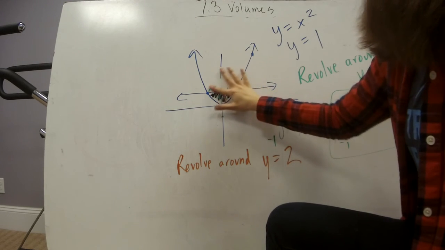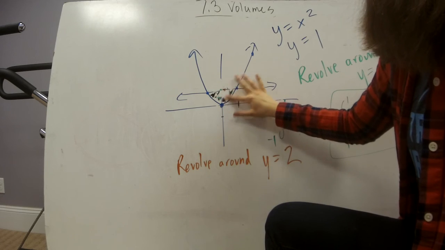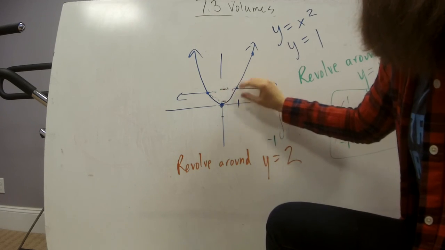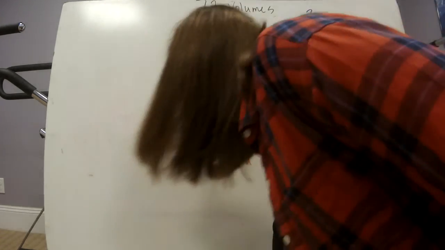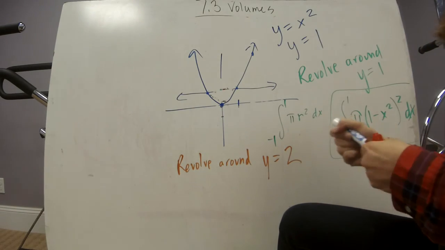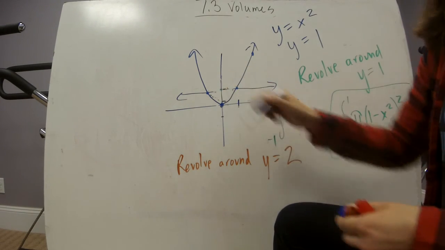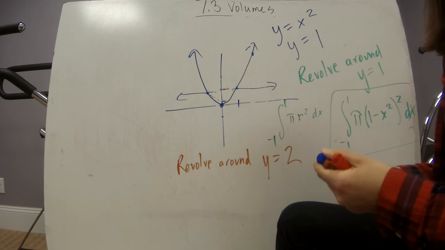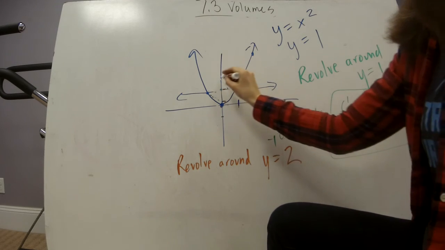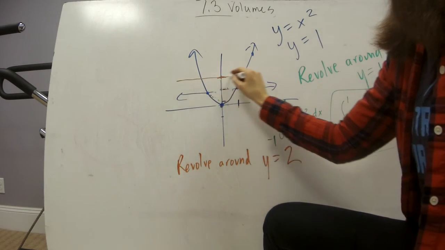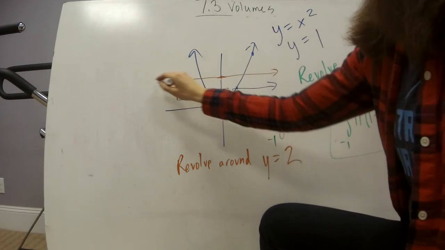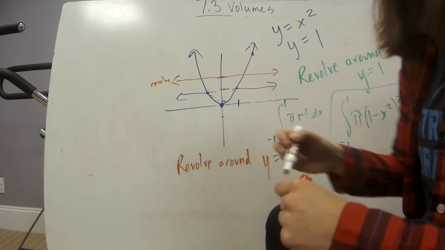Now here's the thing, we don't even have y equals 2 on our picture, right? Let me get rid of all this stuff and redraw my blue line here. So on our picture, y equals 2 would be up here. So this is now our revolving line.